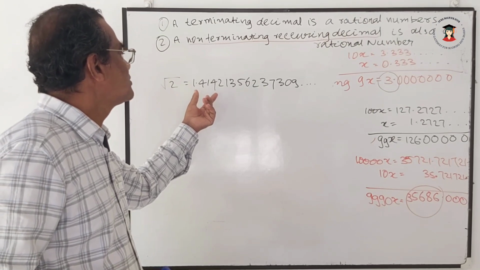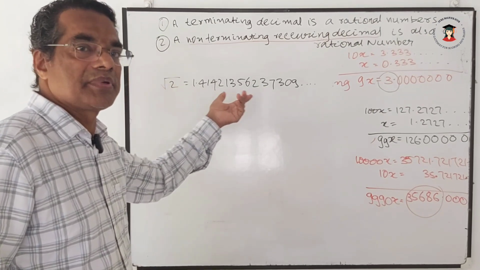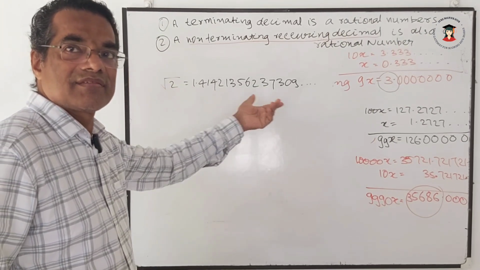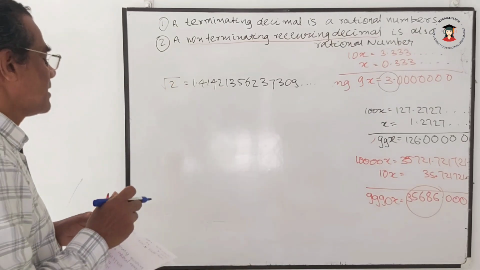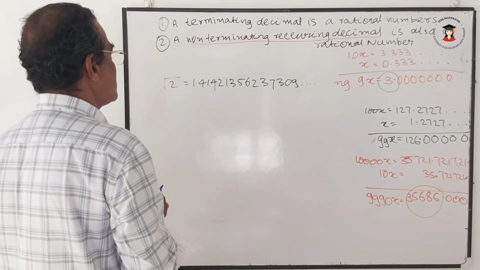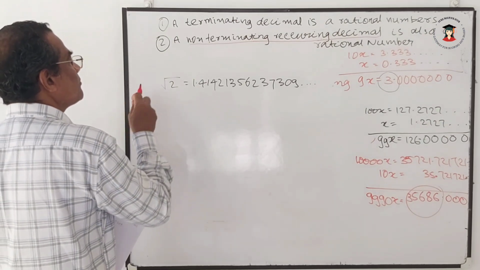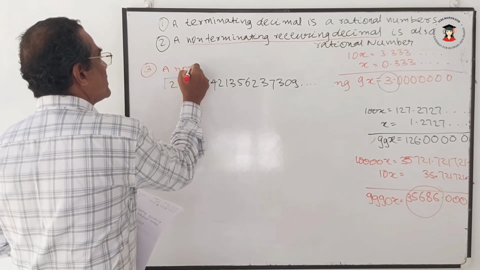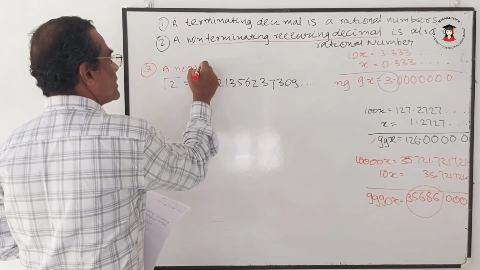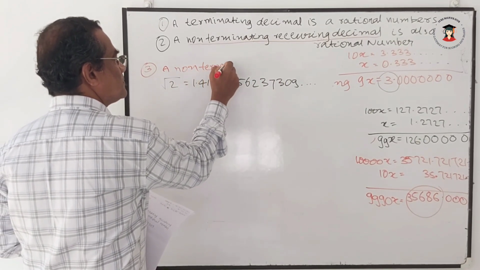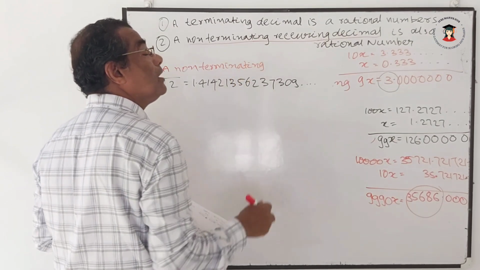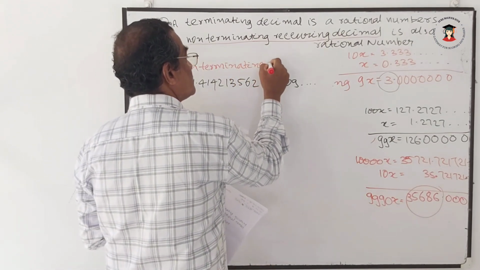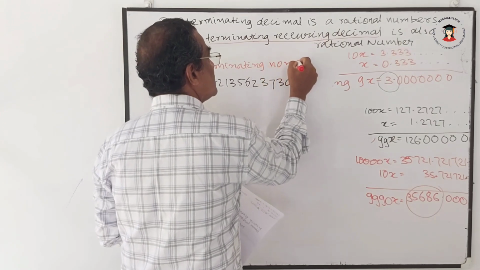There are no numbers or a collection of numbers repeating. Numbers are never repeated. It comes random. This number can be categorized as non-terminating and non-recurring.